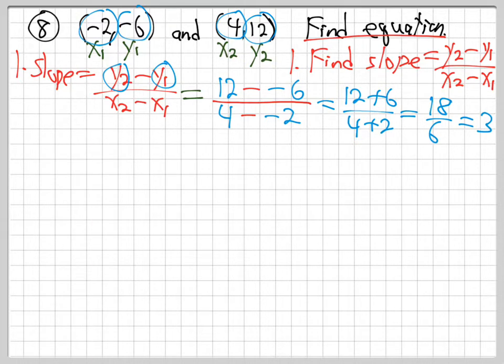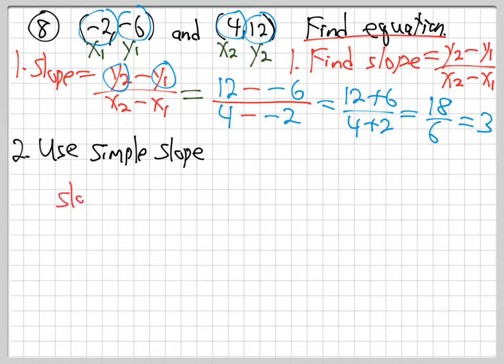That's step number 1. Step 2, now that you have the slope, use the simple slope formula, the one that has the blanks in the back, has y minus blank and x minus blank. Now there's all kinds of other ways.